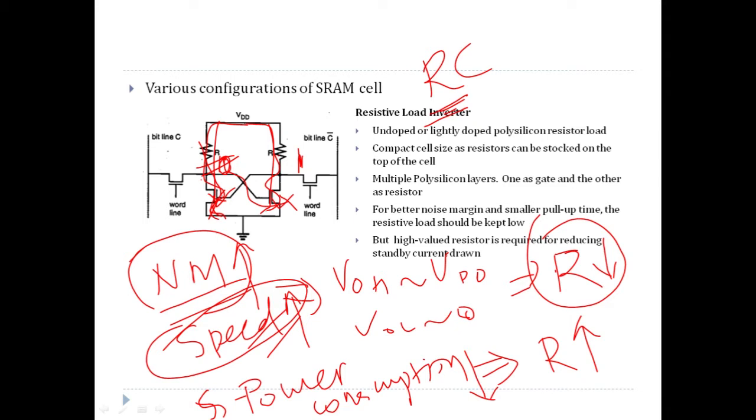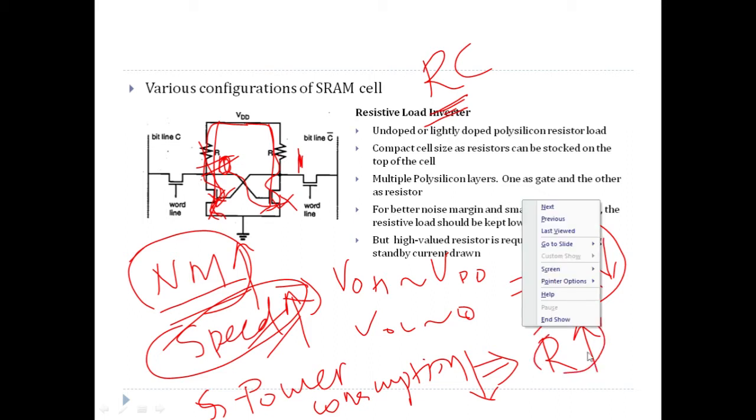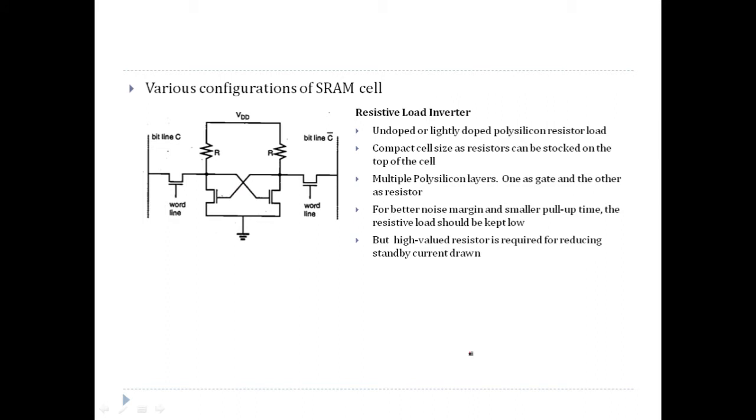Now you can see that for better noise margin and speed, the resistance value should be smaller, but for lower static power consumption, the resistance value has to be larger. So there is always a trade-off between noise margin and static power consumption. While designing, you have to consider both these factors.